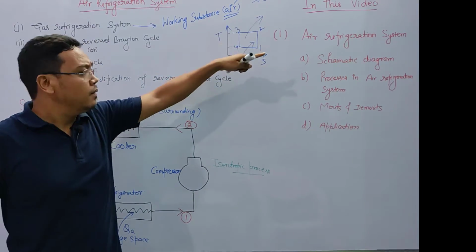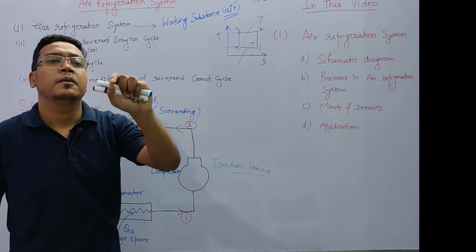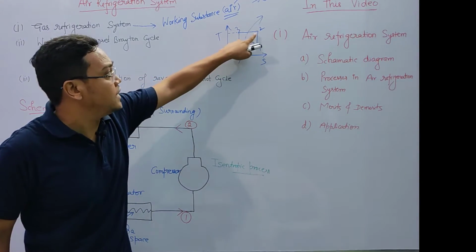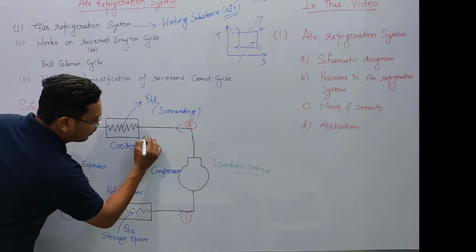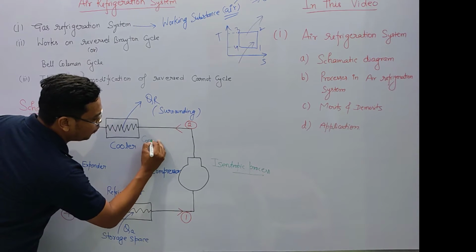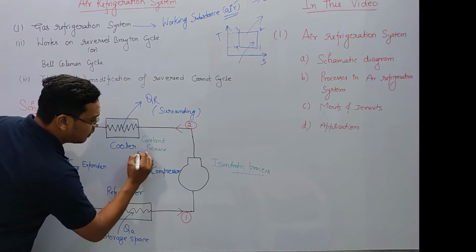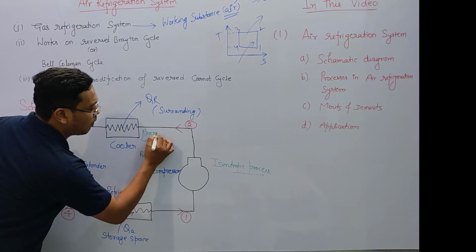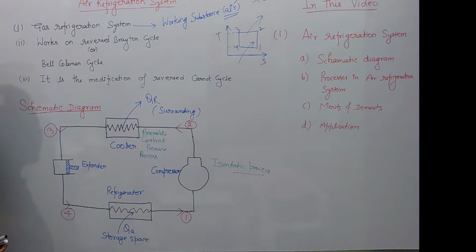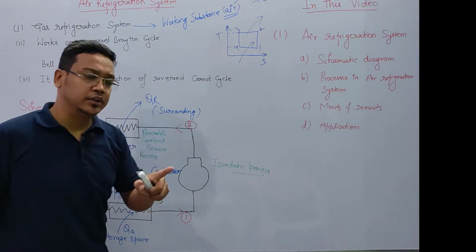What Brayton has done? Brayton has changed this process to a constant pressure process. Now this is a reversible constant pressure process. Now in expander it is again the same process, isentropic process.